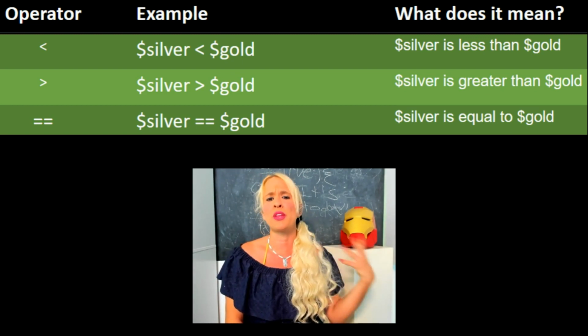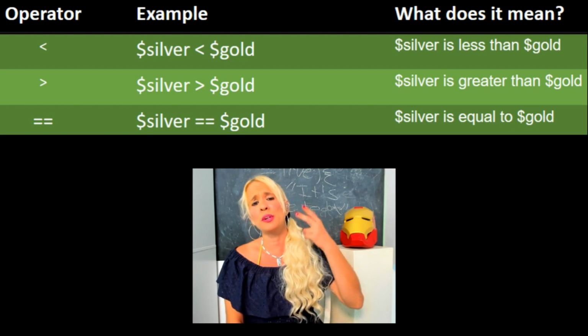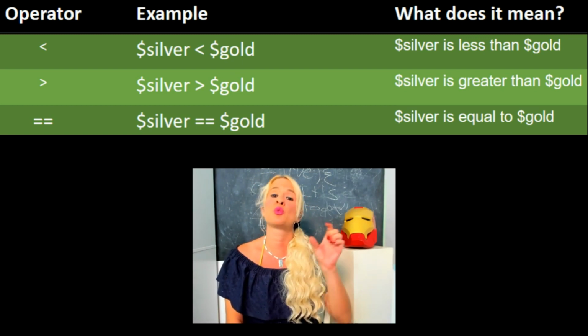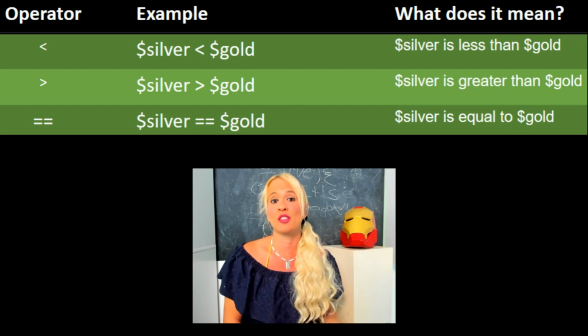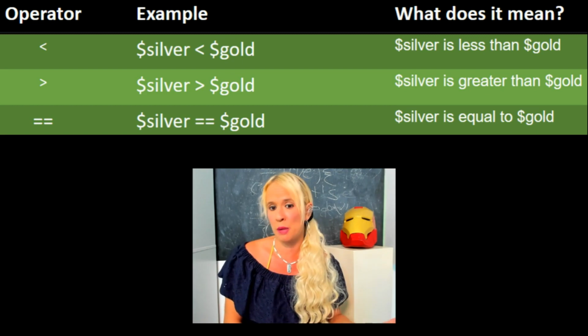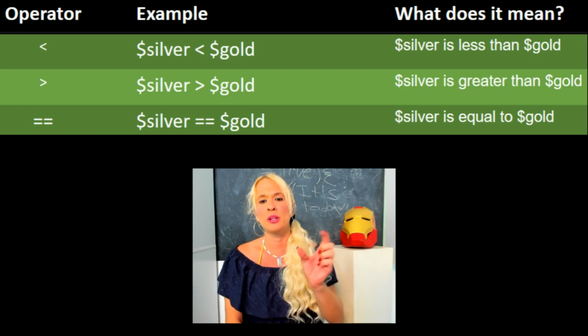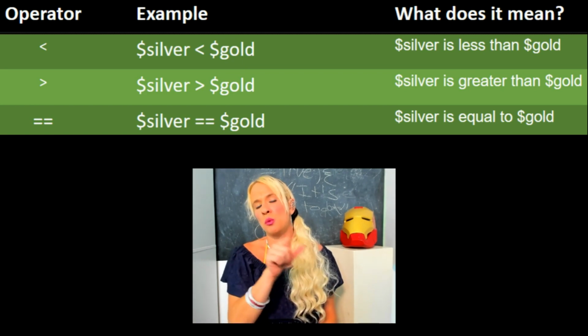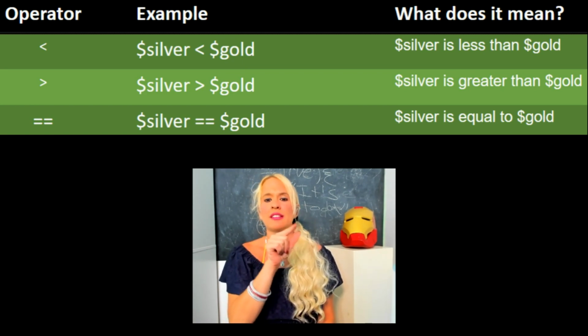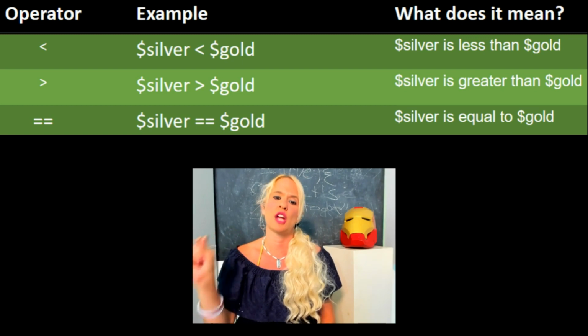Maybe they both equal 5. And the reason why we use 2 equals, not 1, is because 1 equal sets it equal, right? That's how you initialize a variable. $silver is equal to 10, semicolon, right? Something like that. So when you're doing it as a comparison operator, you have to do equal equal. If $silver is equal to $gold.